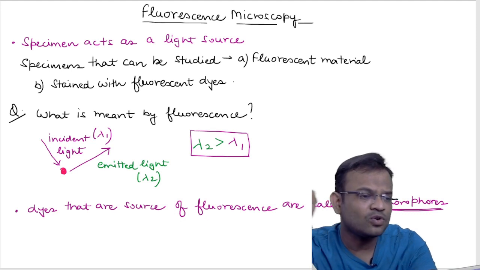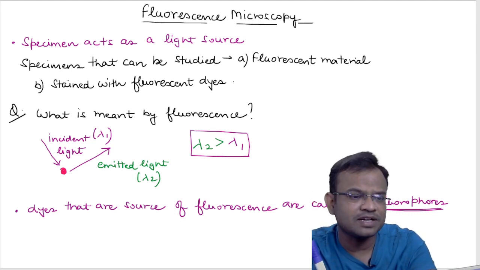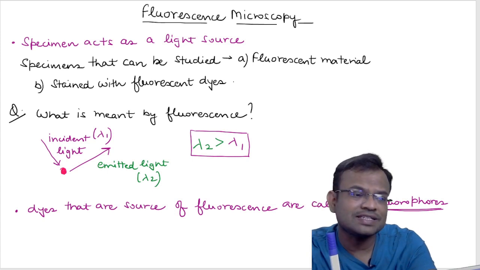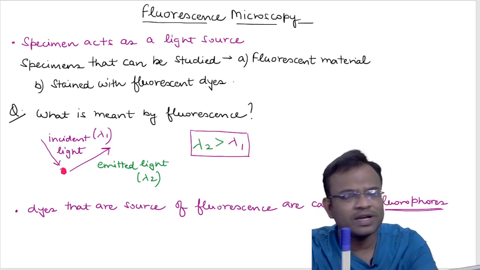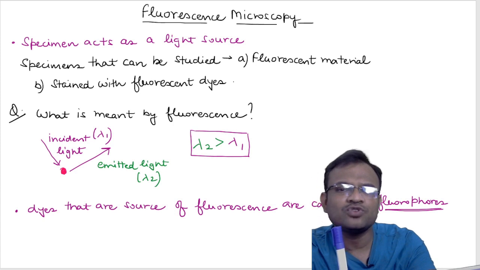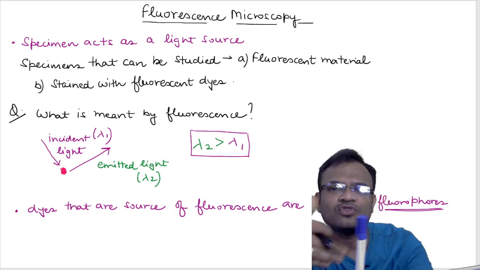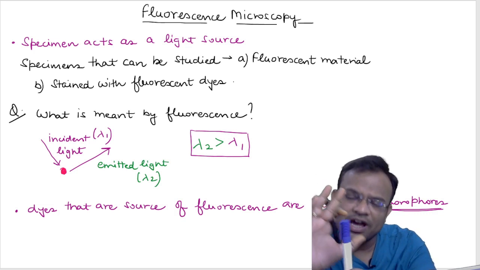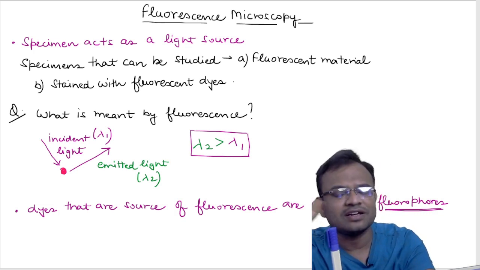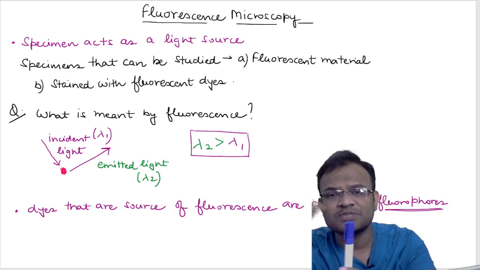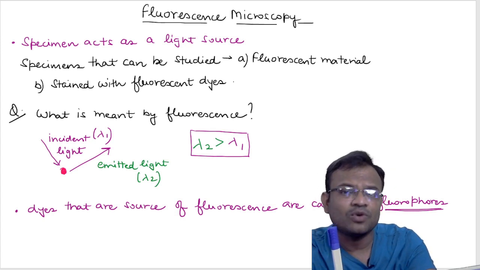Similarly, over here, the specimens that can be studied are fluorescent materials and materials that are stained with fluorescent dyes. You can directly visualize a fluorescent material. Suppose a material is able to emit fluorescence, then you can directly observe it under the fluorescence microscope. But if a material or specimen is non-fluorescent, what can you do?